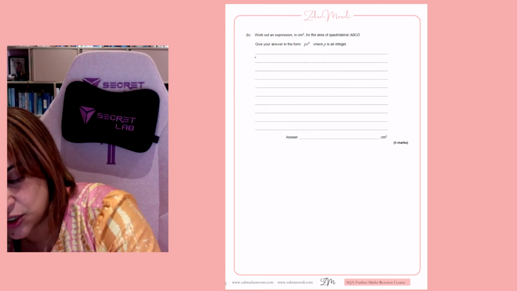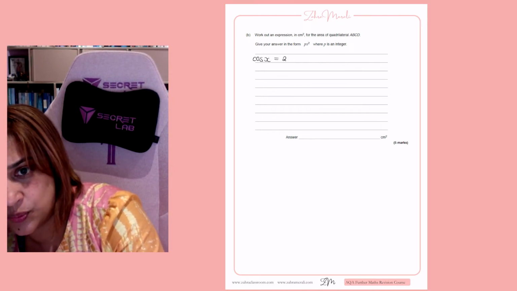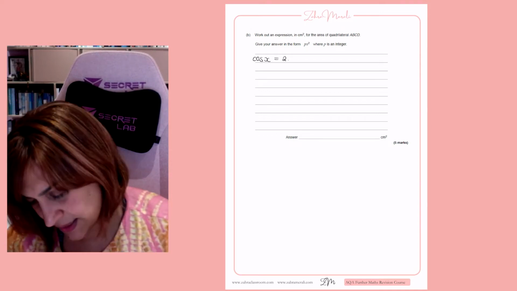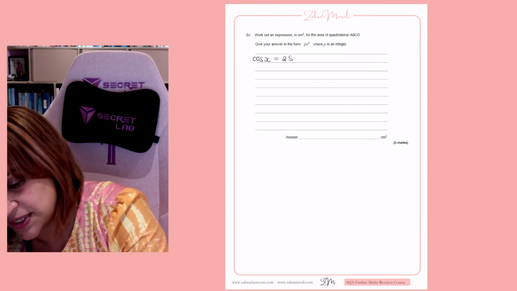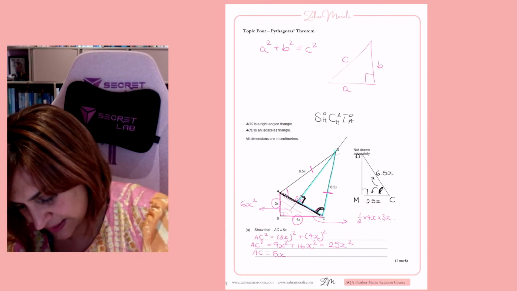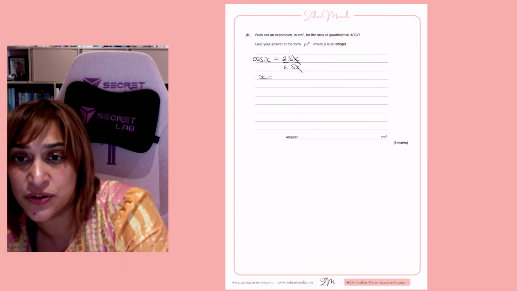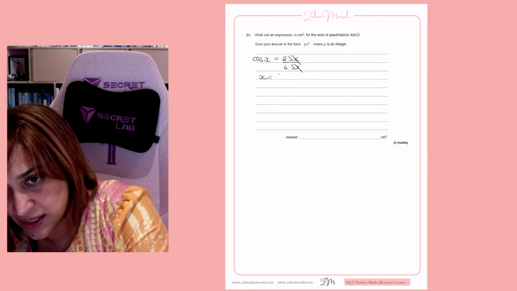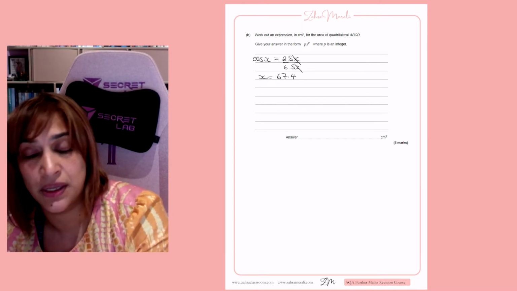So cos x equals 2.5x over 6.5x. These cancel. I'm just calling this angle x. I know it's confusing, we should probably have called it something else. Inverse cos of that gives me an answer of 67.4. So now I have an angle.